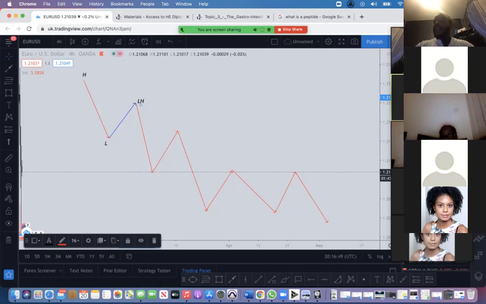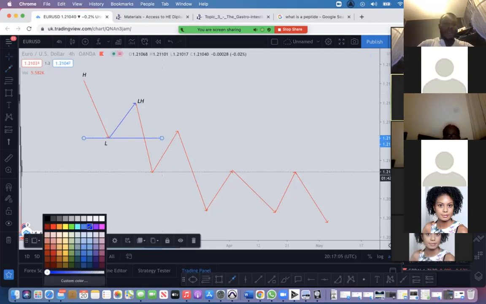the next thing that you need for a market to actually give you is a break of structure. And a break of structure does not happen until you have gone below this point. Now I'm going to use an arrow, and I'm going to change this color into, let's put purple.